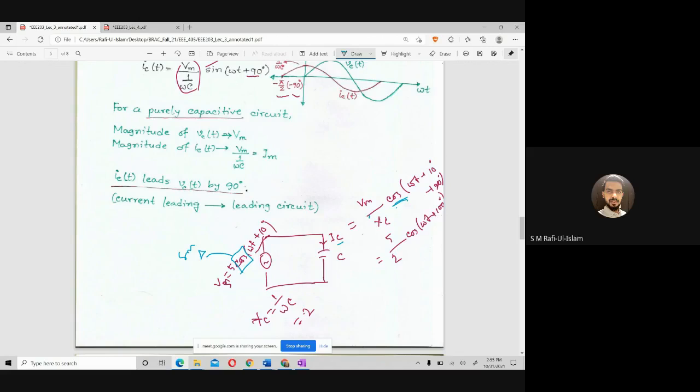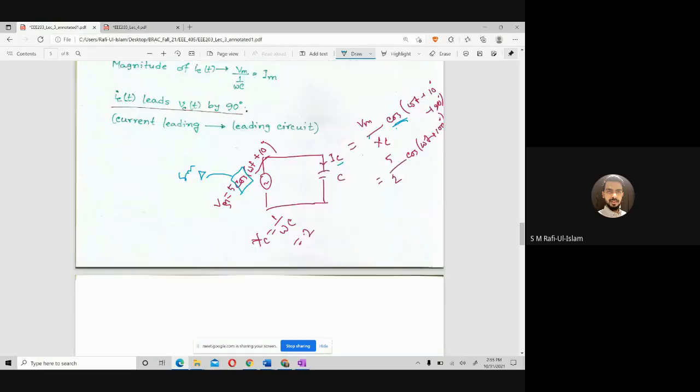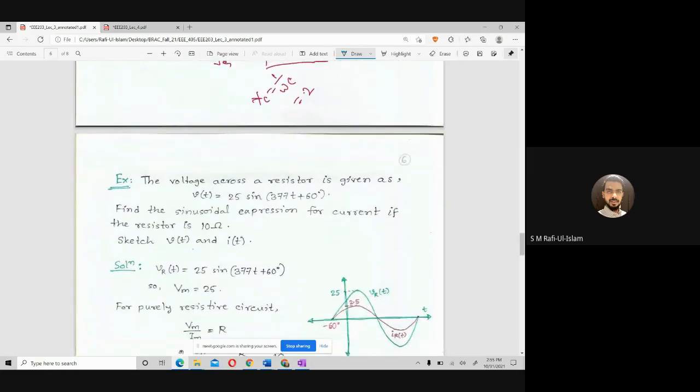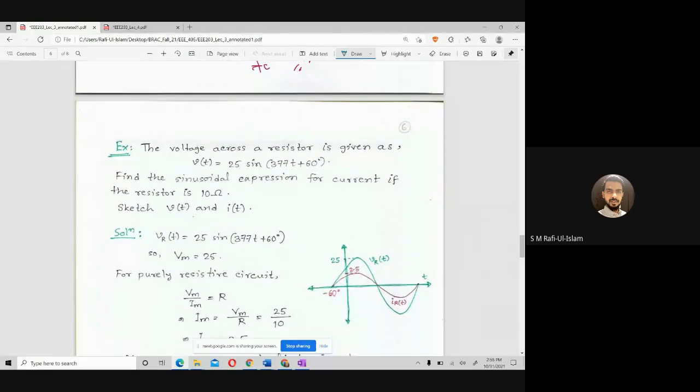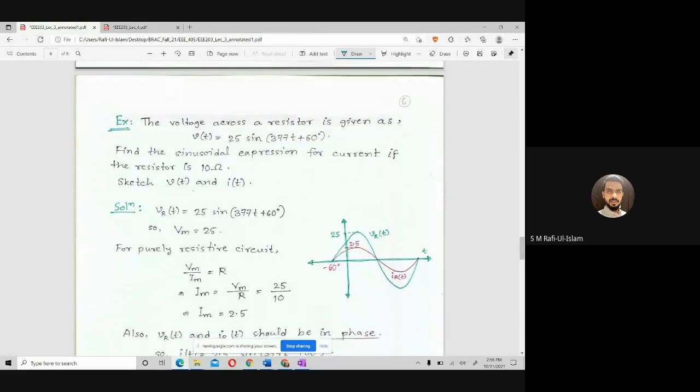But then you'll write the expression for sine. Otherwise it will not work because these two are completely different things. Any questions so far? If there is no question, we'll practice some problems that will clear all the confusions.